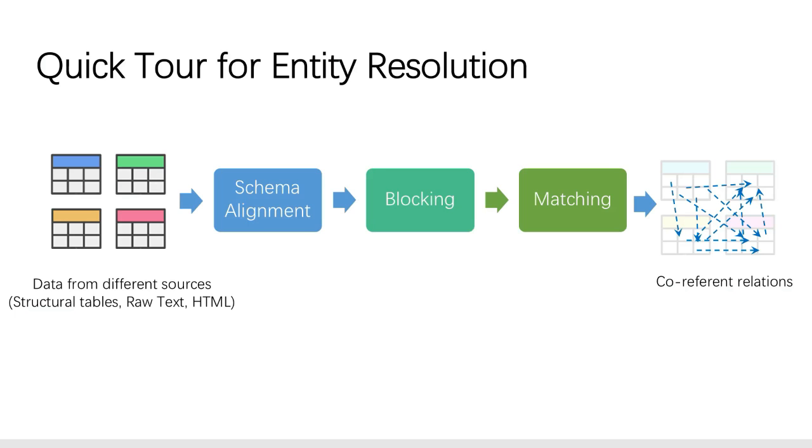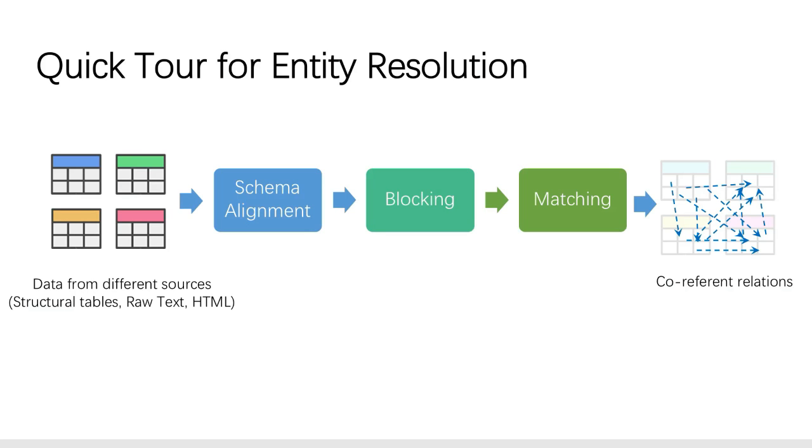Okay. So finally, let's have a quick tour of the major steps in entity resolution. The input is data from different sources, and for simplicity, in many cases we assume that the input is in relational tabular format, which is most likely the case especially in organizations or commercial applications.